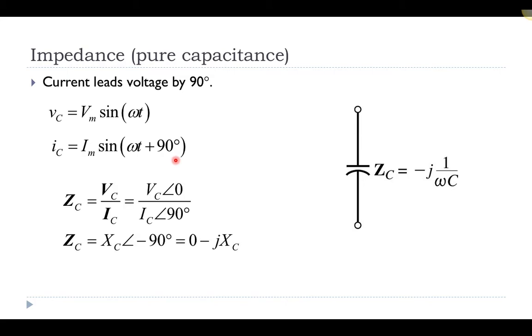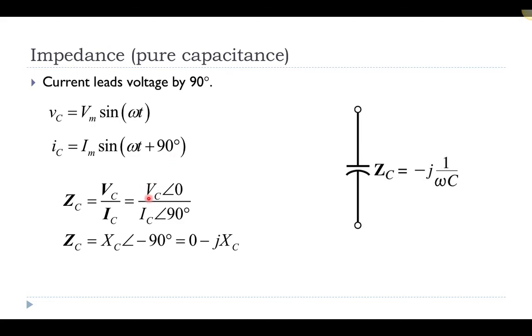If I want to know what the capacitive reactance is, I could write the voltage and the current in phasor notation. The voltage across the capacitor would have some amplitude, which I wrote as Vc instead of Vm, and the angle here is 0 degrees. The current through the capacitor would have some amplitude, which I wrote as Ic, and it has a phase shift of plus 90 degrees.